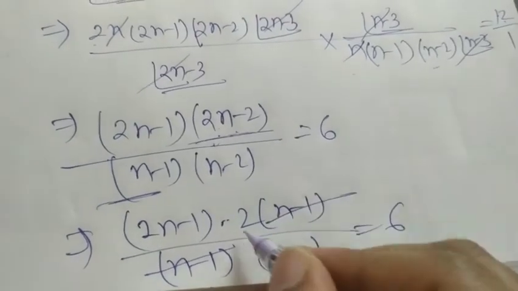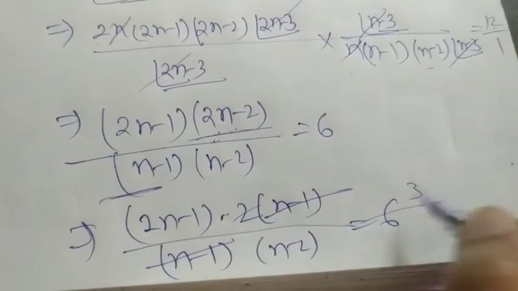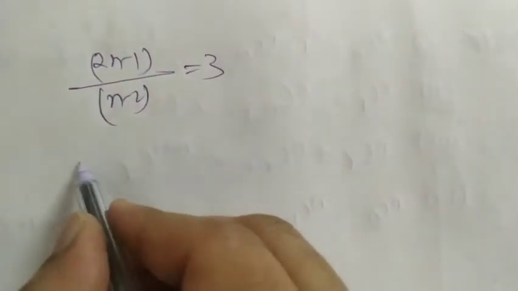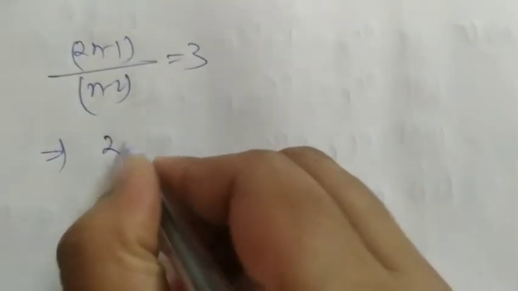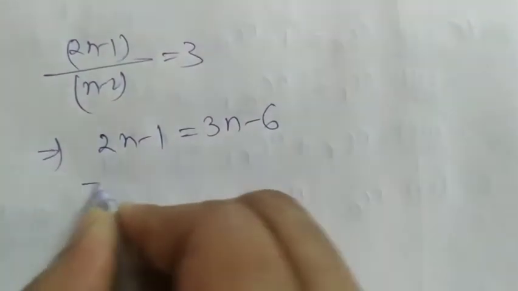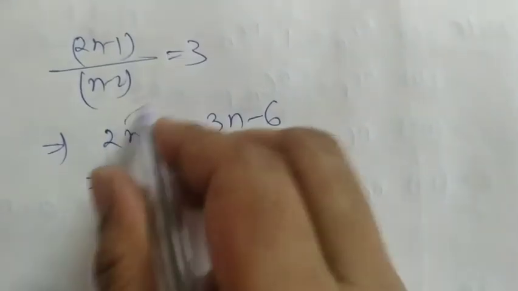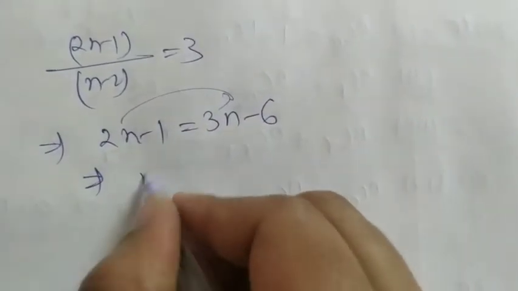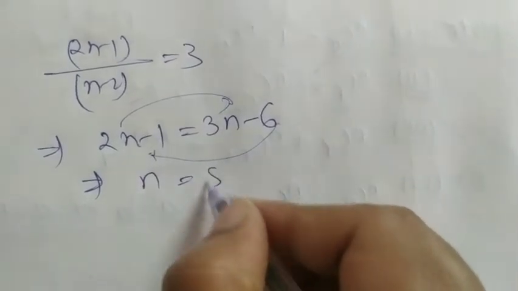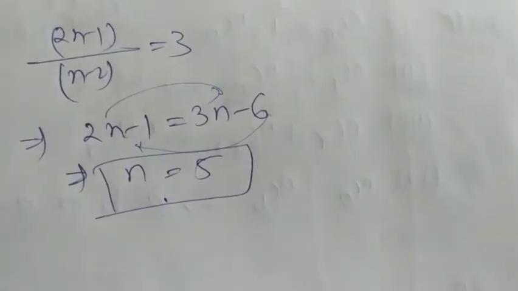This term cancels out, so I am left with this term. Now simplify this: 2n minus 1 equals 3n minus 6. Taking this side, this will be n, and taking this side, this will be 5. So n will be equal to 5.